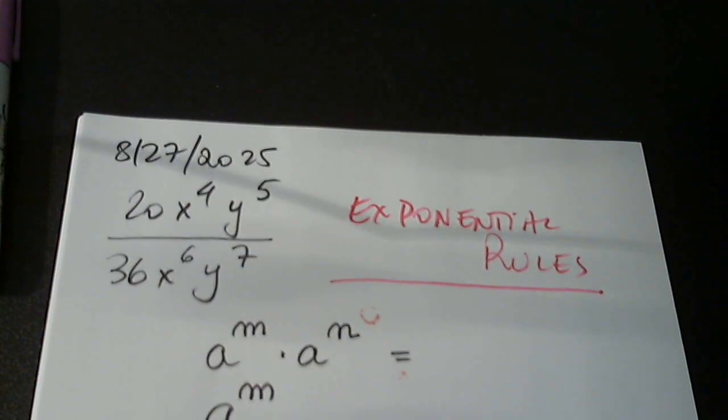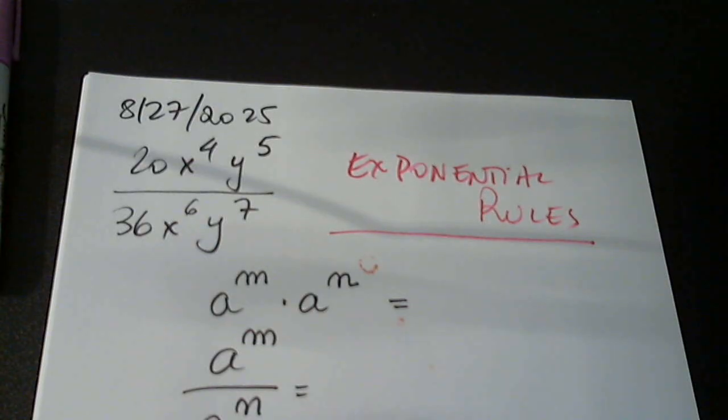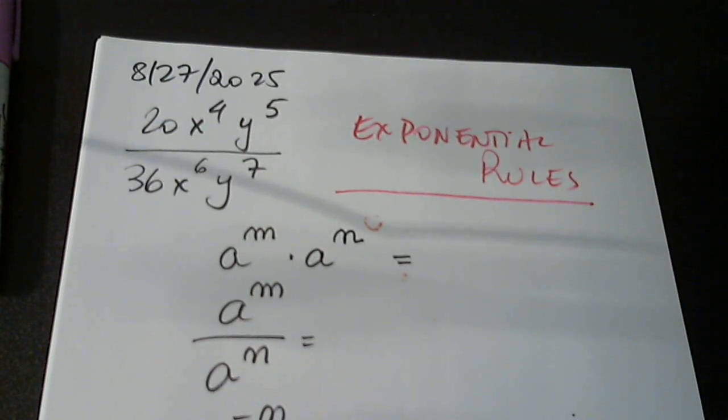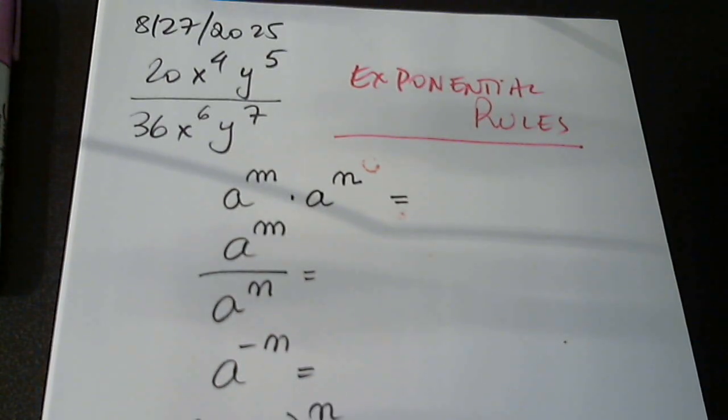It doesn't matter, you can use anything else. A to the power negative n. A to the power m, everything to the power n. A to the power 0. So at least let's discuss these, and then we're going to address your question. Promise.